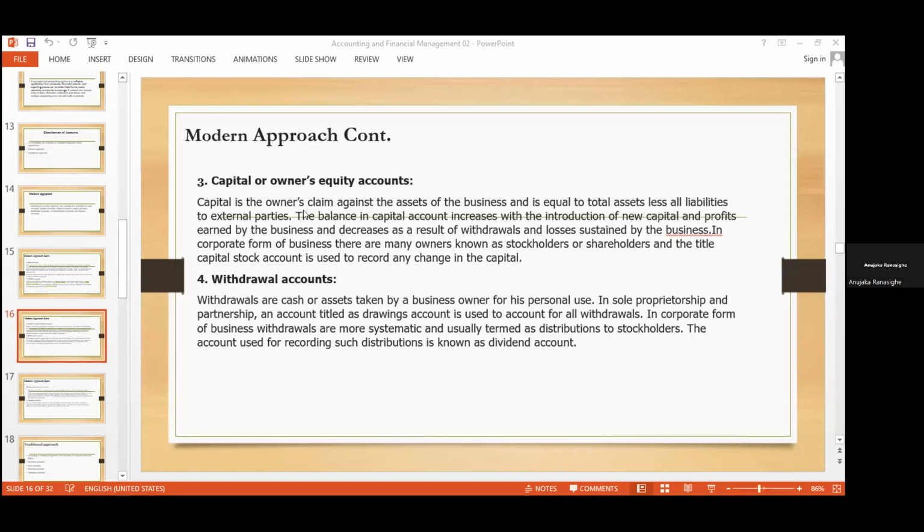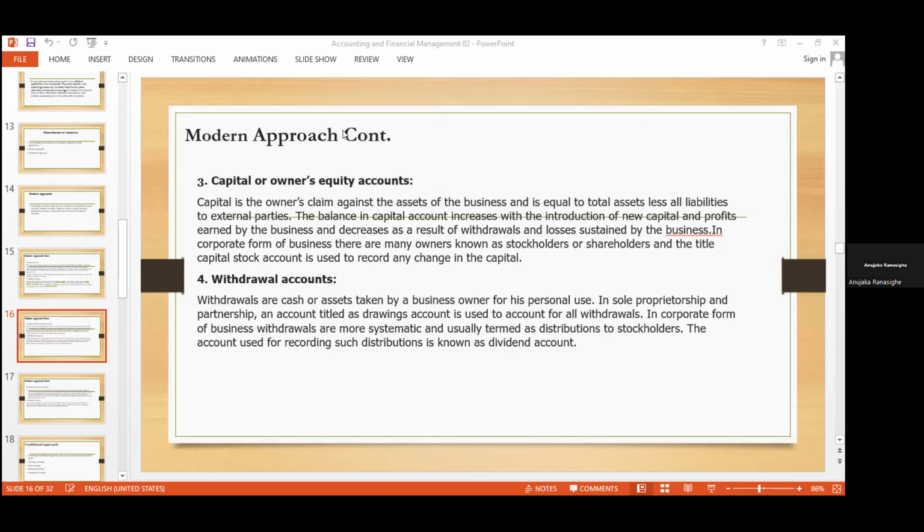The balance in the capital account increases with the introduction of new capital and profits earned by the business, and decreases as a result of withdrawals and losses sustained by the business. All the details are entered in the capital and owners equity accounts.